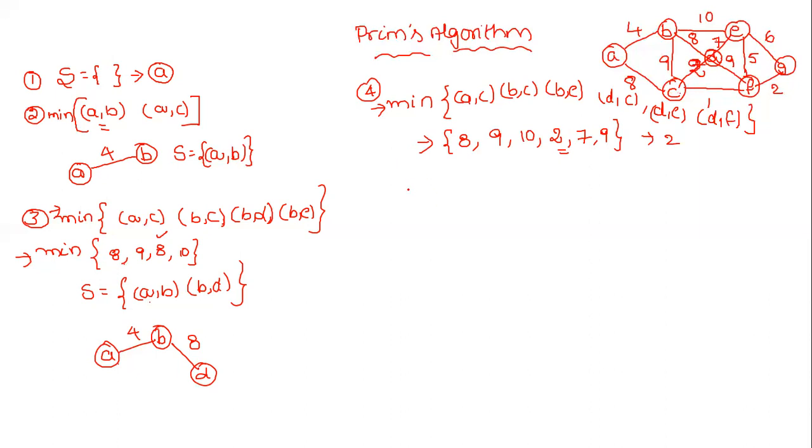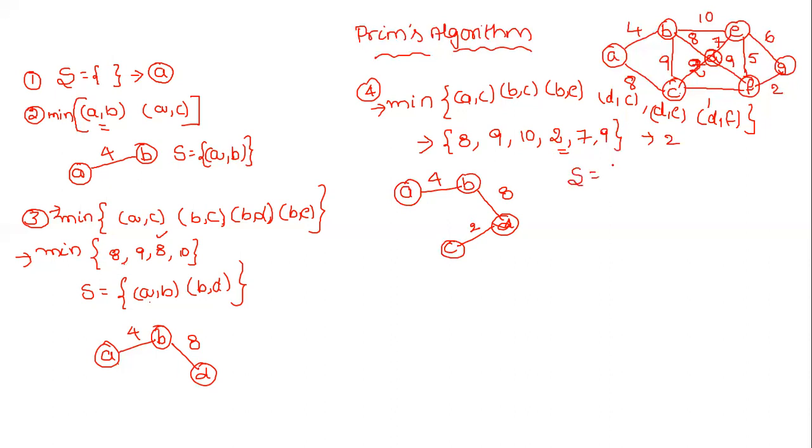So here the graph becomes A to B with a cost of 4, B to D with a cost of 8, and D to C with a cost of 2.